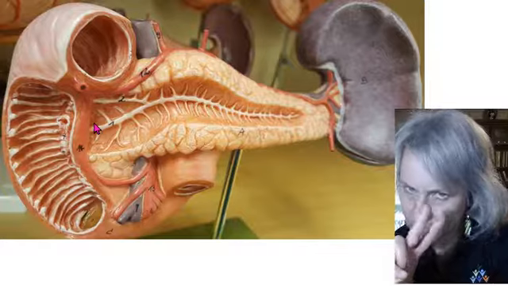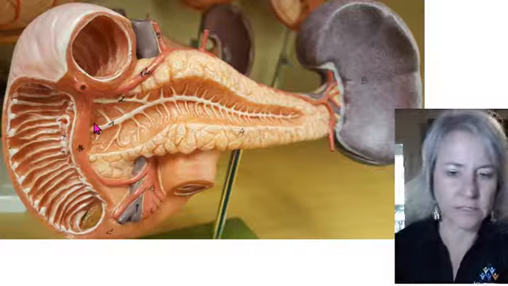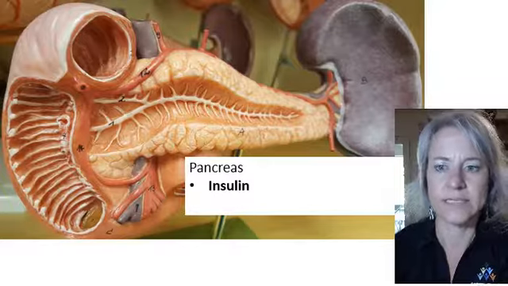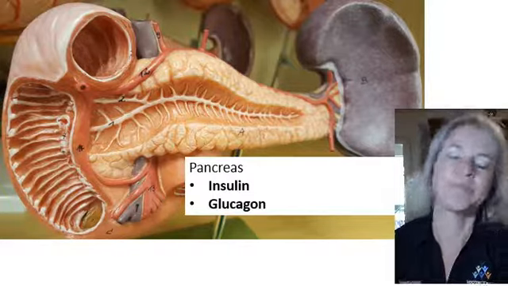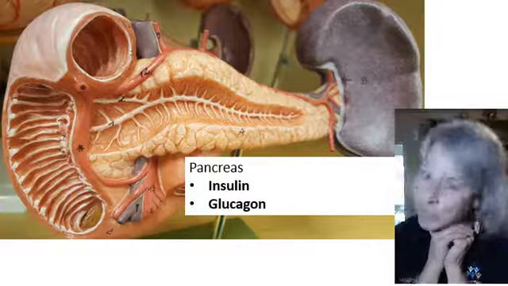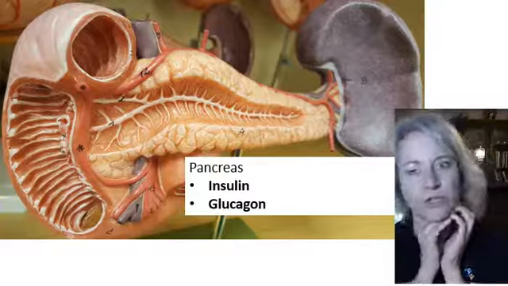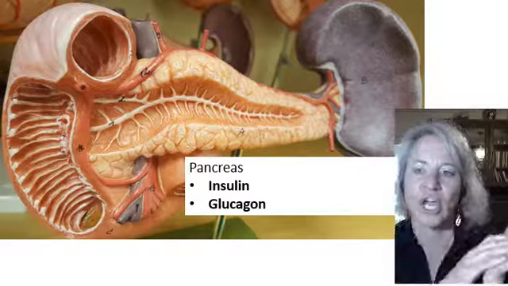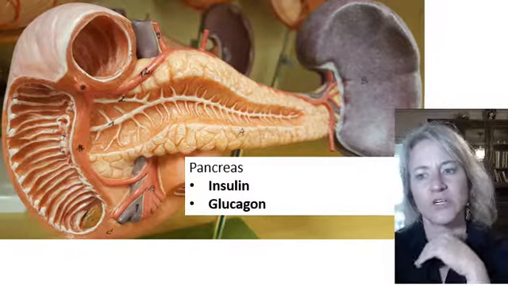What are the two hormones from the pancreas? Insulin and glucagon. And what do those do? What do those two hormones do? So which one is it that takes the sugar out of the blood and which one puts sugar in the blood?